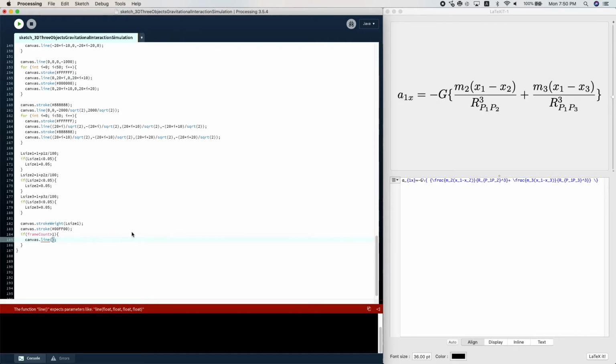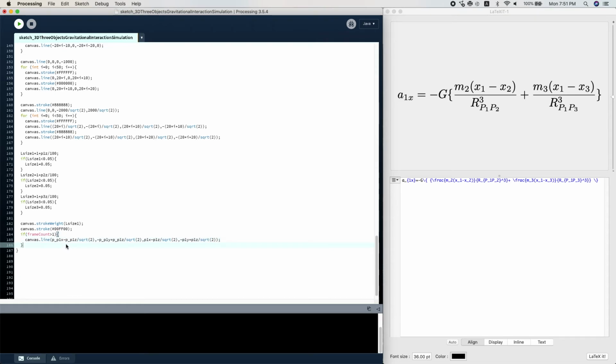So that's going to be previous p1x minus previous p1z divided by square root of 2. That's going to be our x coordinate, comma, minus p1y plus p1z divided by square root of 2, comma, just p1x minus p1z divided by square root of 2, comma, minus p1y plus p1z divided by square root of 2.